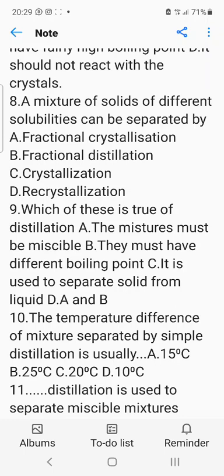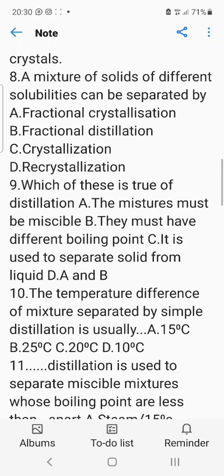Is it fractional crystallization? Is it fractional distillation? Is it recrystallization or crystallization? Different solubilities. The answer is A, fractional crystallization.